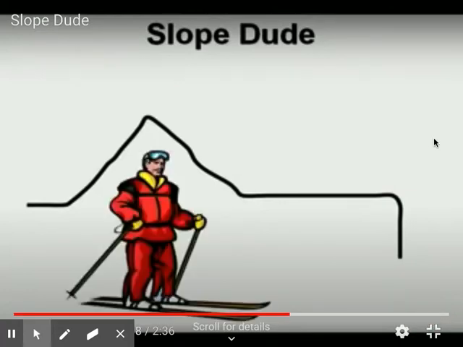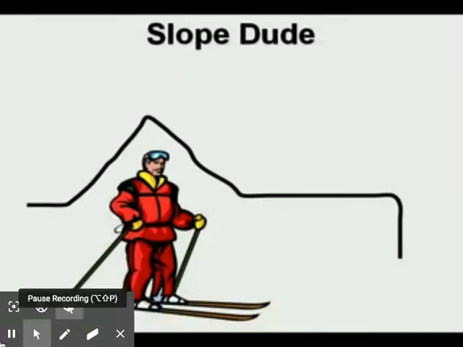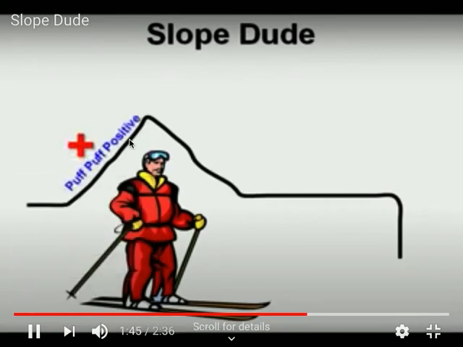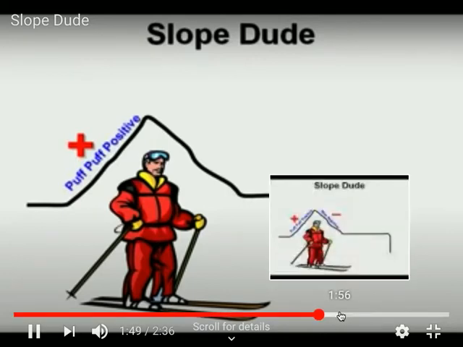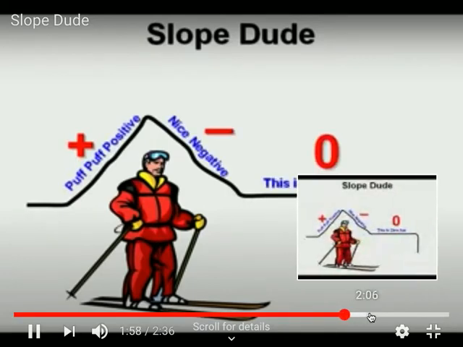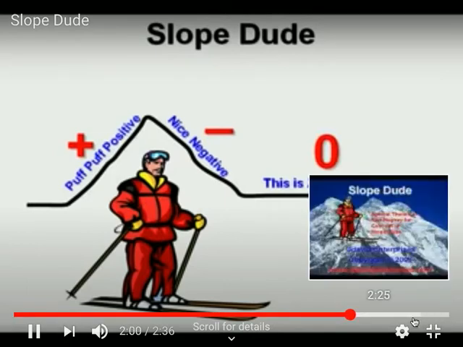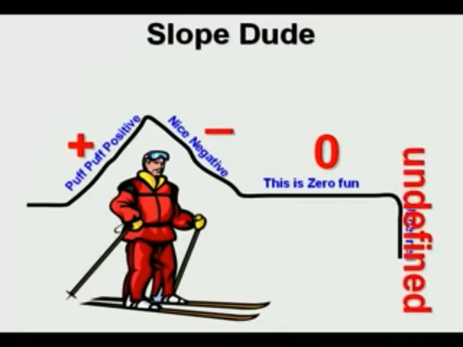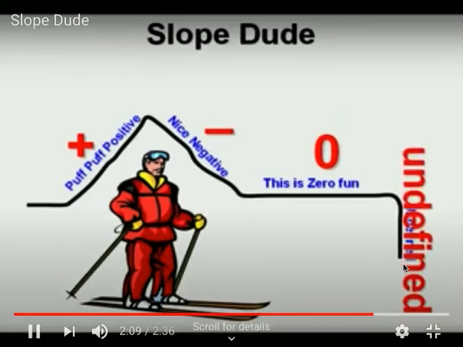Remember from the Adventure of Slope Dude, always remember what he said during his ski trip. Puff, puff, positive up the hill. Nice, nice, negative down the hill. This is zero fun on the flat. And finally, when he went over the vertical cliff and straight down, he yelled the worst curse word of math and algebra: undefined.